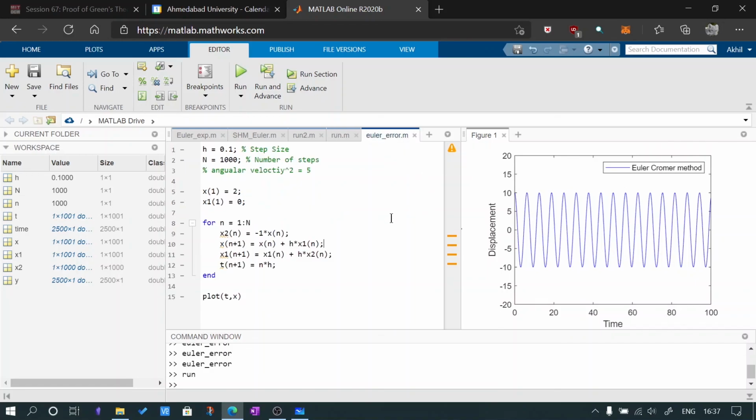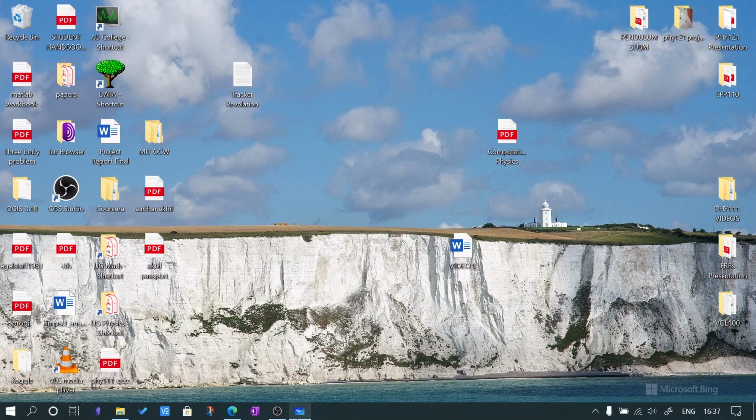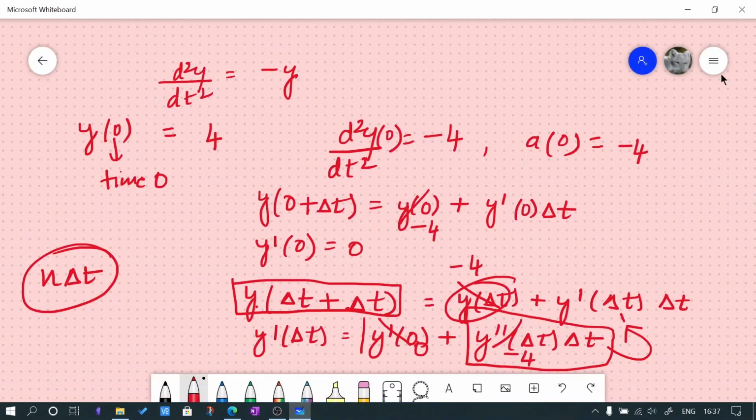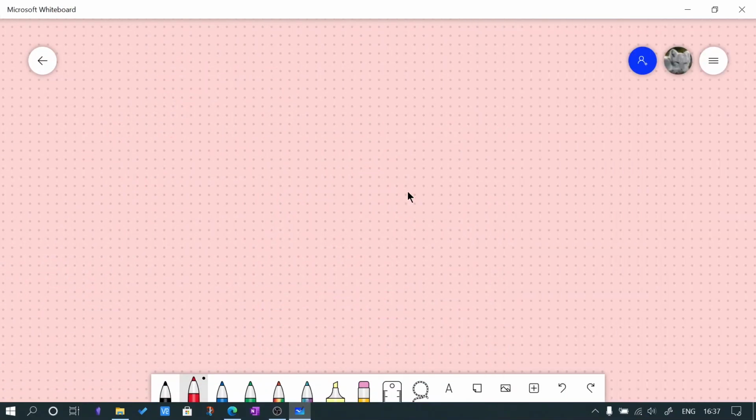So for those enthusiasts, for those people who are interested in knowing why this error occurred, basically what the program did was to calculate the value of y at a time delta t. So let's write this in terms of x, since the program wrote it in terms of x.